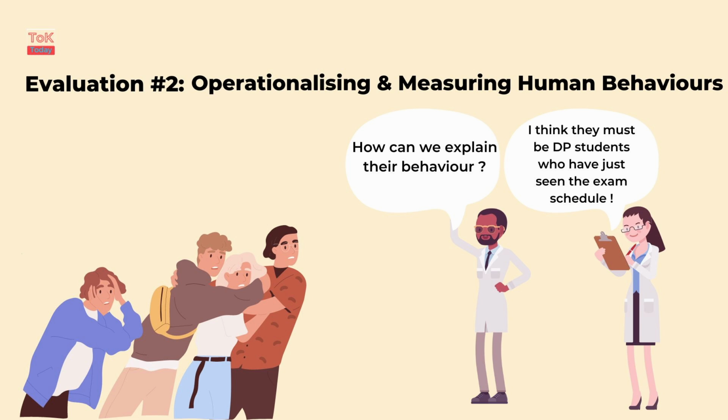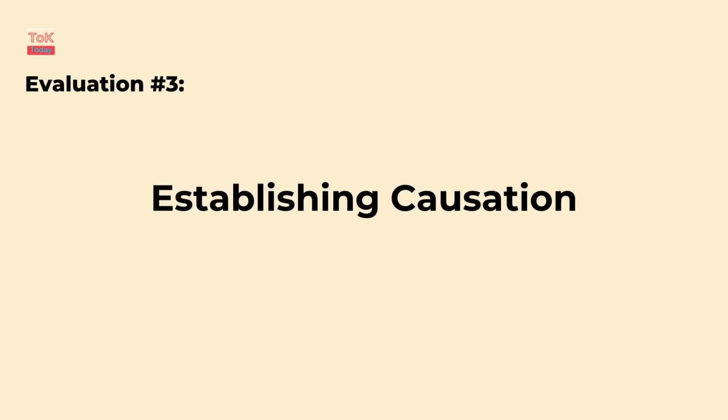Each method has its limitations, like subjective biases in self-report or the invasiveness of physiological measures. Ensuring reliability and validity in these measurements is an ongoing struggle because capturing the full essence of human experience in empirical terms is inherently challenging.